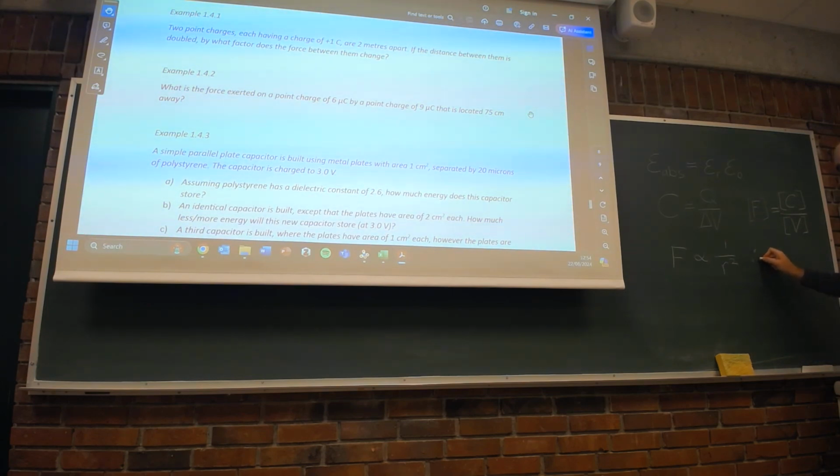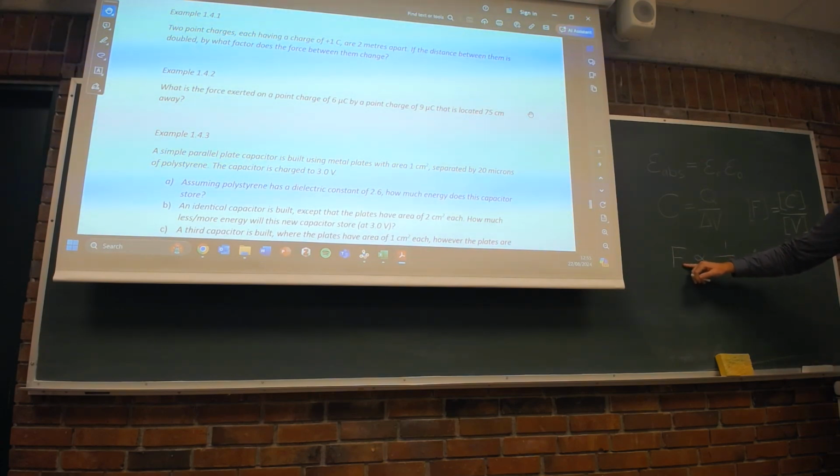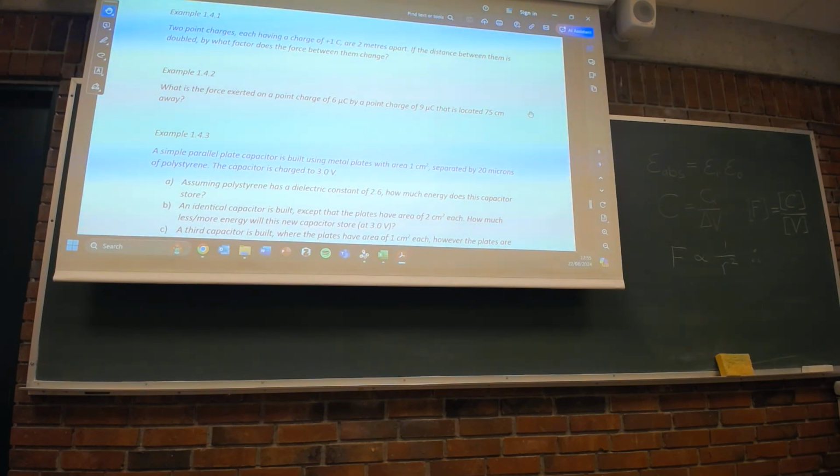I think it's logically simple enough if you just say, therefore, if r doubles, force is divided by 4. That would be okay. You could also explicitly write out F1, F2, divide them, and show your math. As long as your logic is clear and it shows you understand the principles, you're going to be fine for marks and things. I just want to make sure you understand it. Okay?